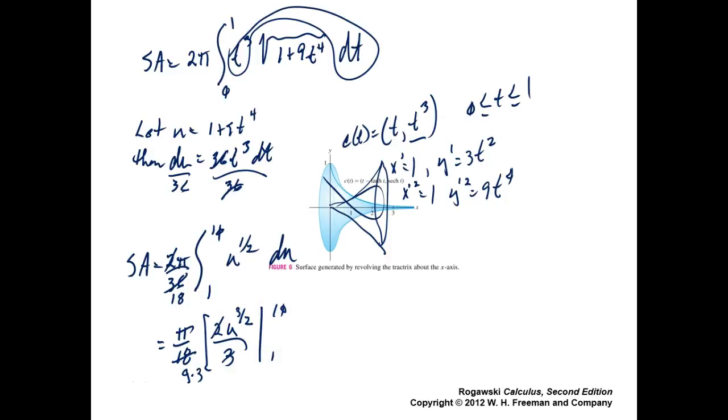Evaluating this from 1 to 10. Okay? Now, again, this is pi 27ths. We're doing example 6 at the top of page 594, the last thing we're going to do in 11.2. Well, not quite, but close to it. So that's pi 27ths out front.